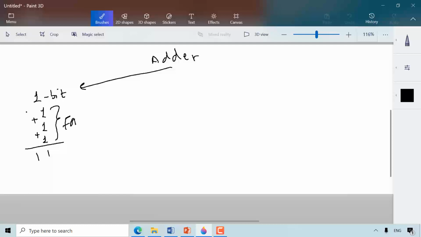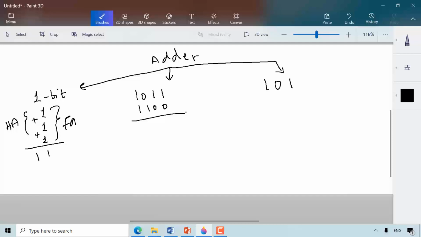Of course, if you are adding two bits, that's a half adder. Then we looked at adding two multi-bit numbers and how we can construct those. And now in this lecture, we will look at how we can add multiple n-bit numbers.